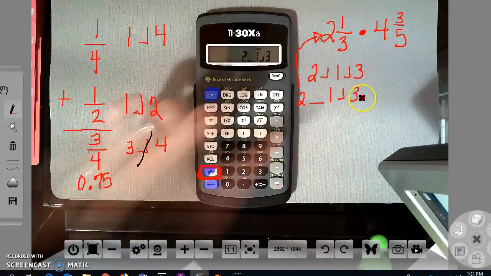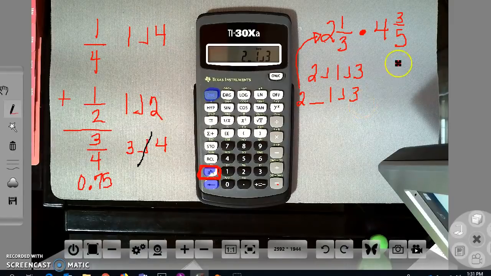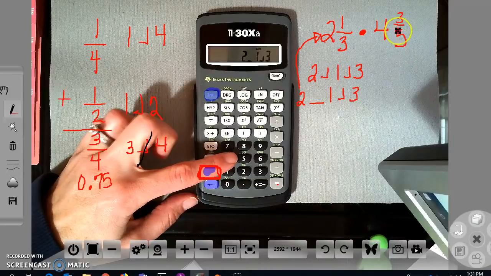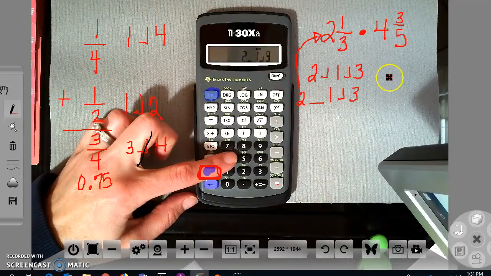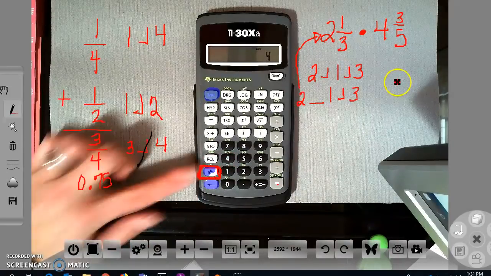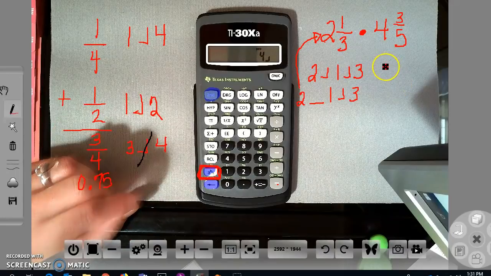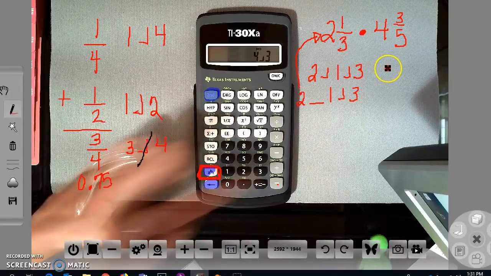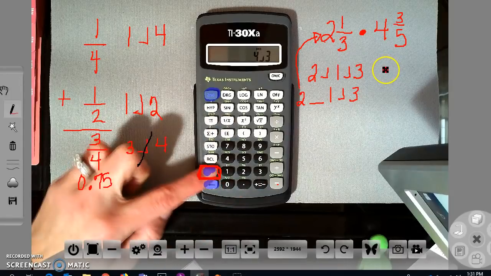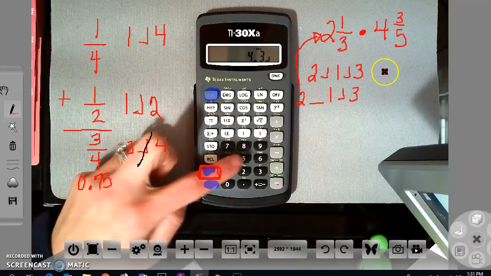Let's multiply, and we're going to repeat the same process. So to put a mixed number in, you're going to press the whole number, press your fraction button, put your numerator in, press the fraction button, put your denominator in.